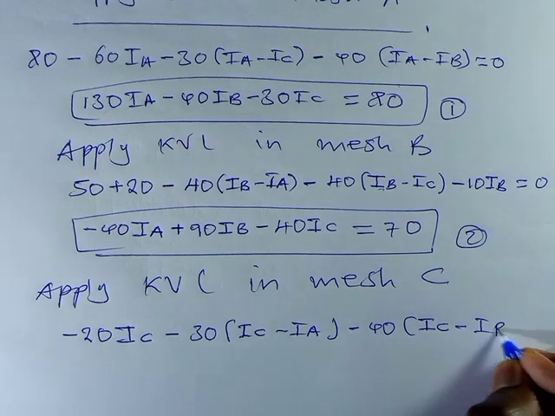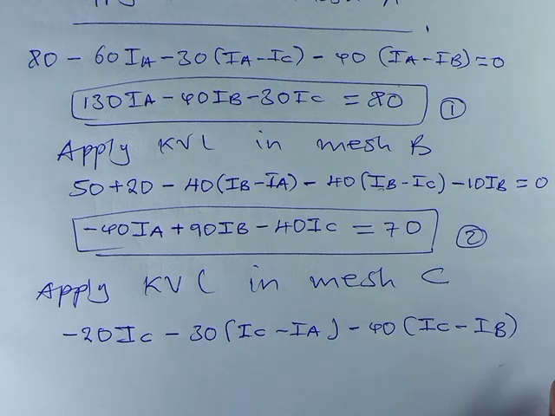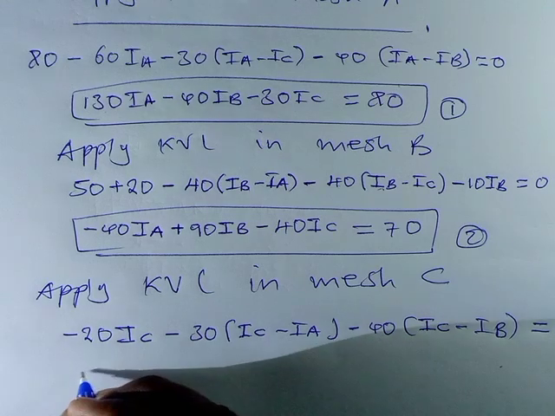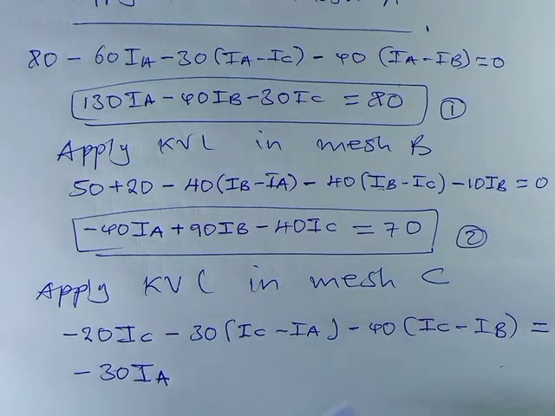minus IB. The reason why we are putting minus for this is because the voltages across a resistor are supposed to be negative if you are moving in the same direction as current, according to Kirchhoff's laws. So putting this in a proper order, we are going to end up having something like this.